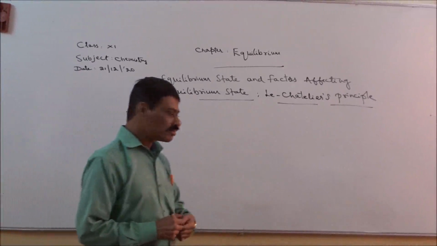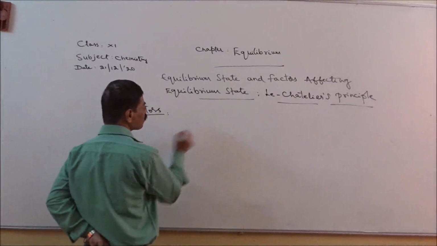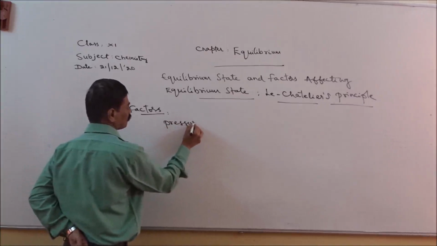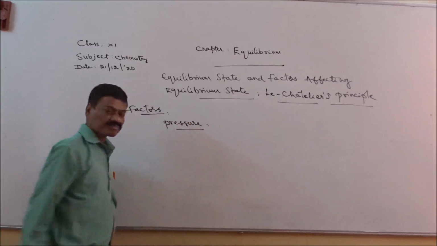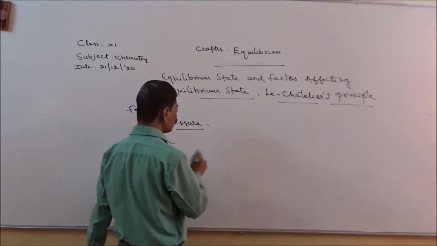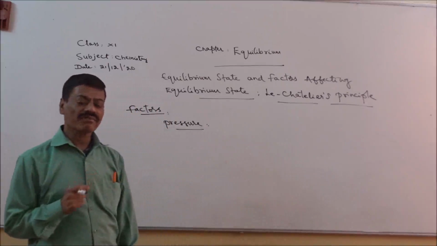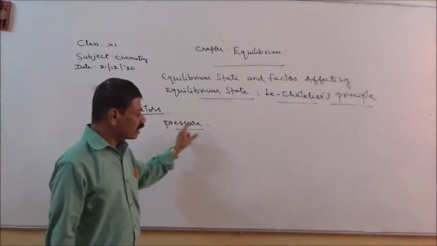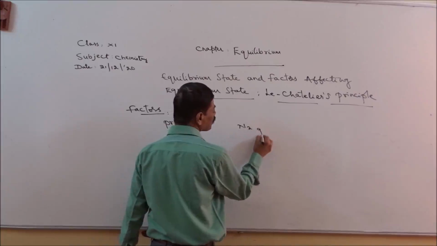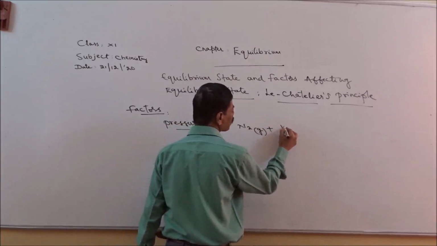Now let us see, children, the second factor, that is pressure. We can take the same example or a different example. So pressure also affects the equilibrium state. The best example for this is nitrogen gas chemically reacting with hydrogen gas.